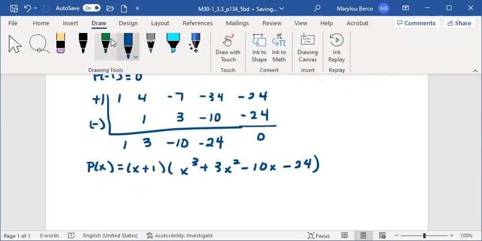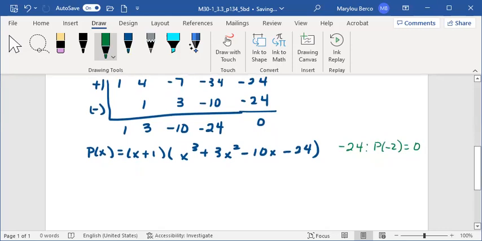So we need to test factors of negative 24, and one of the factors is p of negative 2. If we substitute it in, the remainder is indeed 0. So through trial and error, we figured that p of negative 2, the polynomial substituting negative 2, is 0.